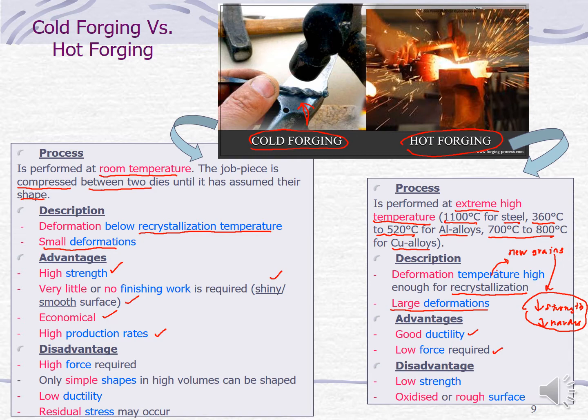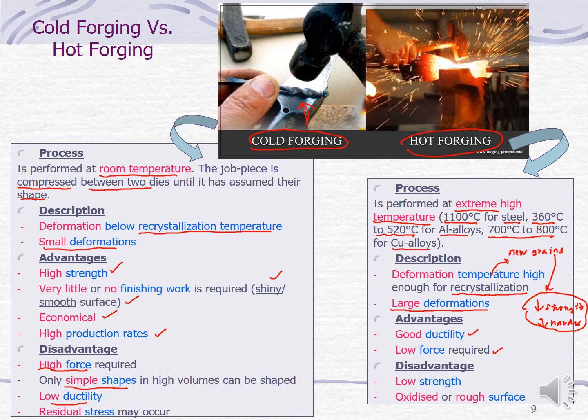Okay, for the disadvantages of the cold working process, in order to deform the metal, we need a high force. And then only simple shapes in high volumes can be shaped. Low ductility and residual stress may occur due to the compressive force applied to the sample.